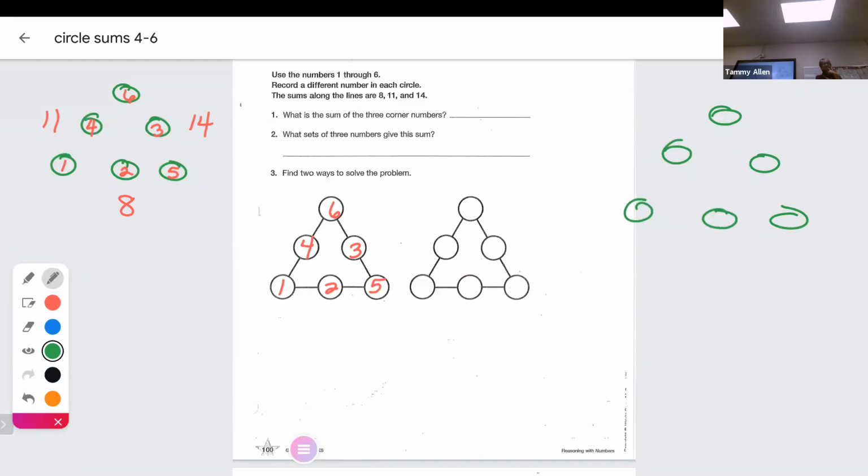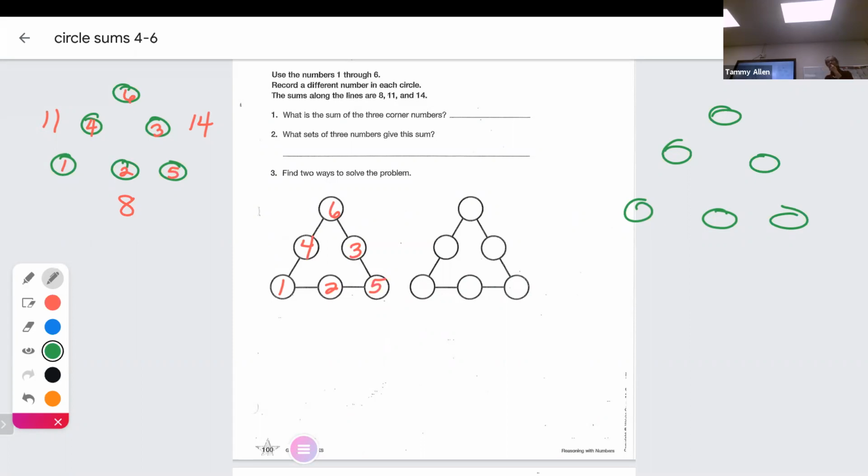Ezra, you had to pick it up from the table. Using the digits 1 through 6, is there any other combination of 3 digits that will give us 14? 6 and 5 and 3.